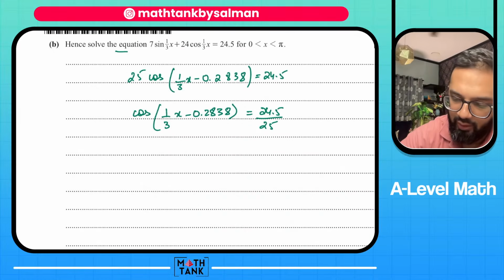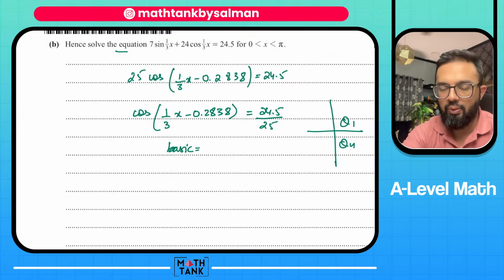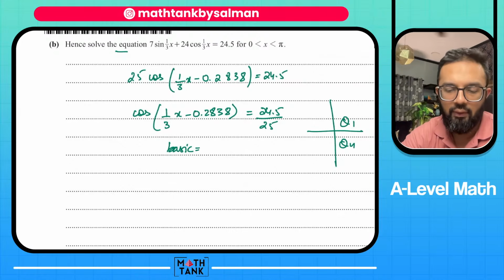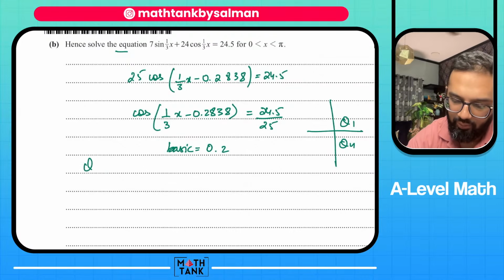Okay, then let's move on to quadrants. Quadrant 1 and quadrant 4. The basic angle is going to be this time cos inverse of 24.5 over 25. That's a very small angle, 0.2. The quadrant 1, 1/3 x equals 0.2.